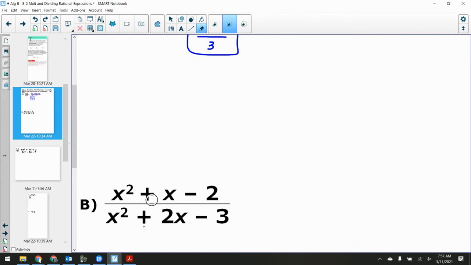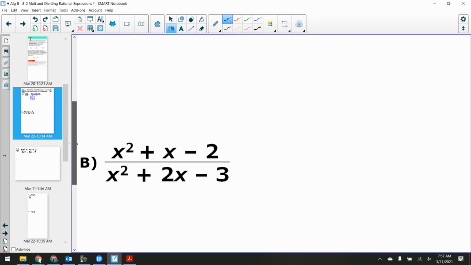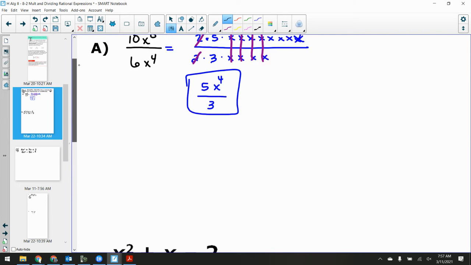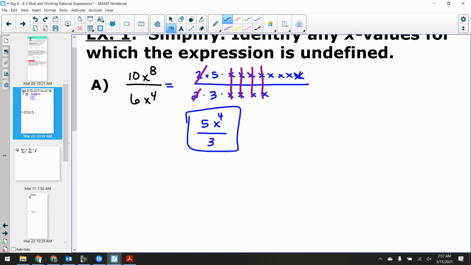Whenever I ask you, oh, I forgot to do something up top. What would make this expression undefined? Is there any x value that would make the expression undefined? Zero. You have to go back and look at the original expression and say, okay, what made the original expression undefined?